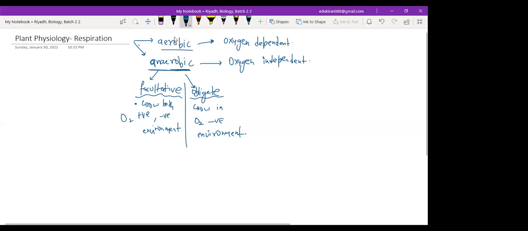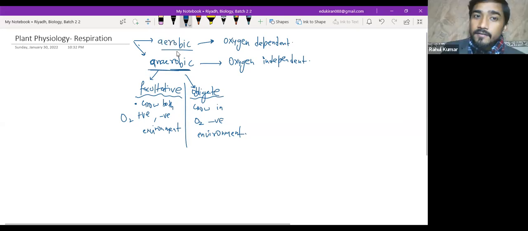Similarly, there are facultative aerobes and obligate aerobes. Facultative aerobes can use oxygen and become aerobic if oxygen is present, and if there is no oxygen, they switch to an anaerobic mode.